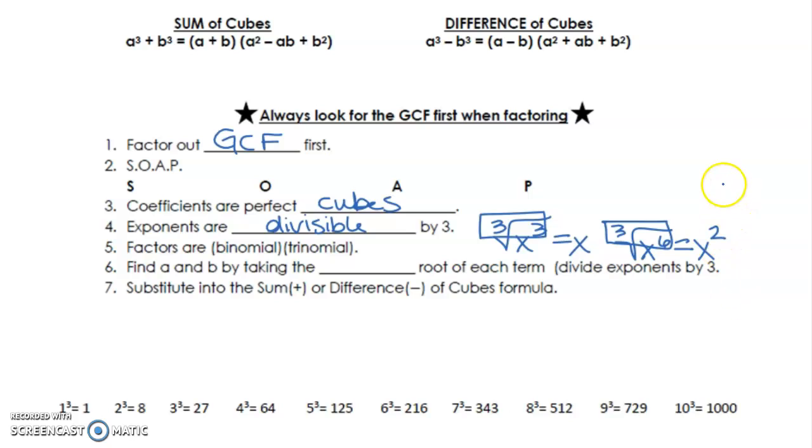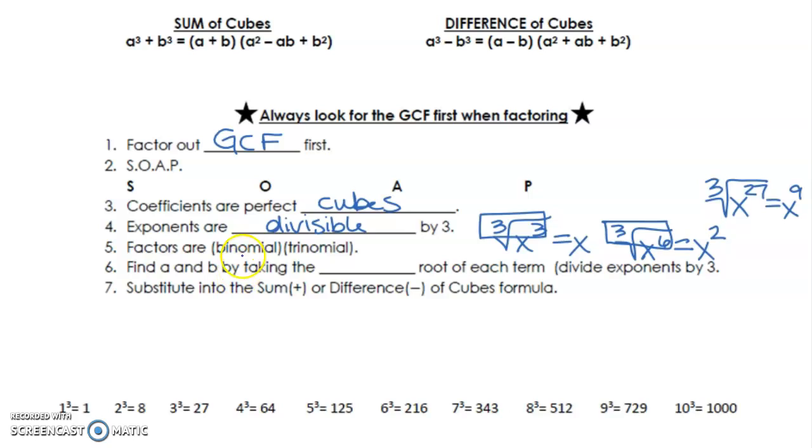If you really want to get fancy, x to the power of 27, 27 divided by 3, and 9. They need to be at least divisible by 3. That way they can be cubed.